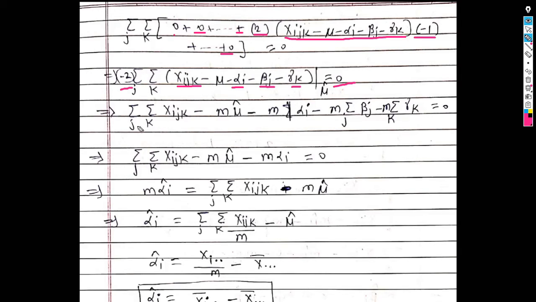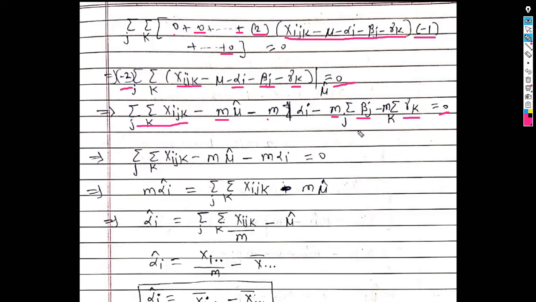So we get the summation of xijk minus, now mu is a constant, so the summation over j and k can be written as m into mu hat, minus m into alpha i, minus m into the summation over j of beta j, minus m into the summation over k of gamma k, and equate it to 0.